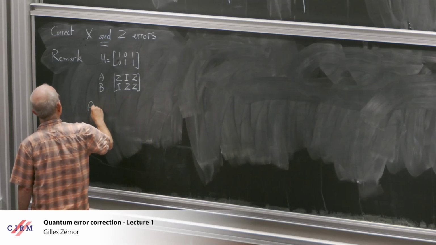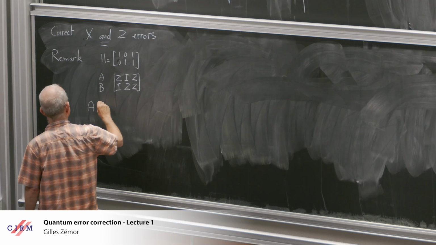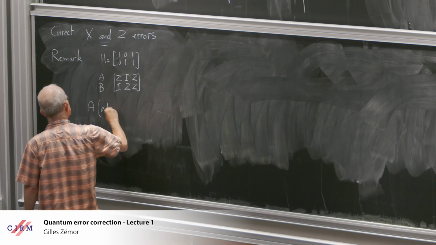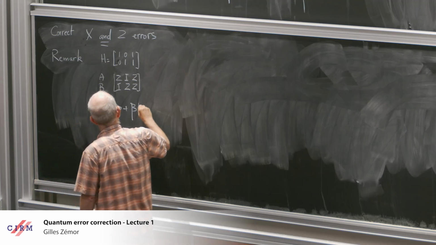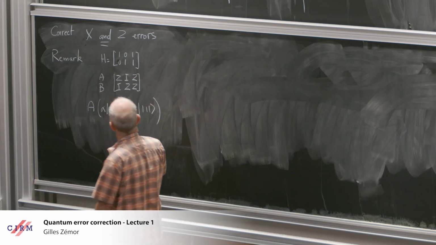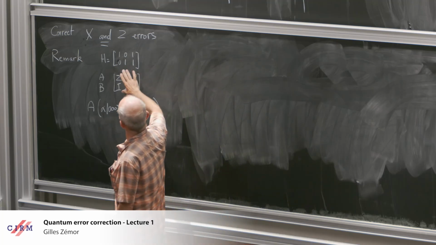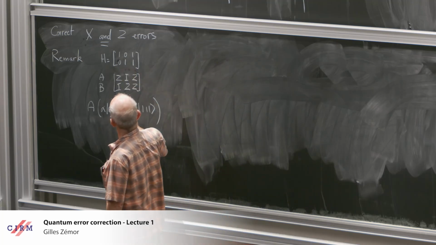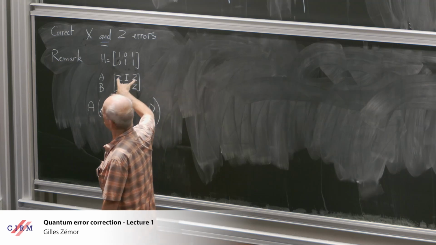So if you apply A to alpha 0, 0, 0 plus beta 1, 1, 1, then you see that every Z operator really puts a minus here, but there are two Z operators.